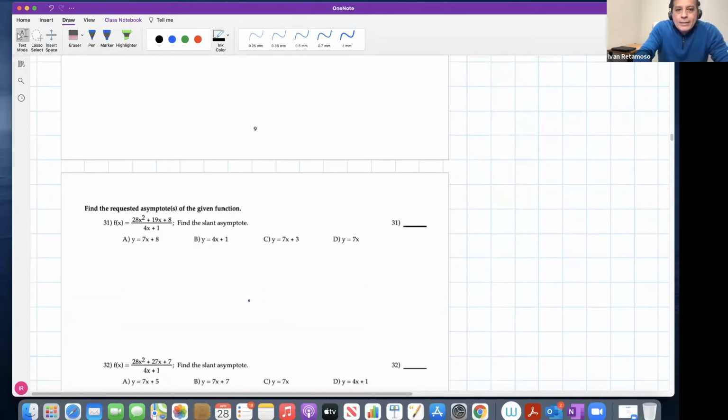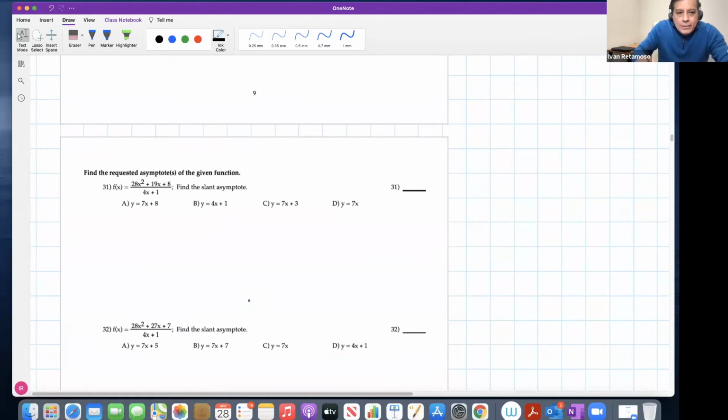And now we reach this new topic. No more horizontal asymptotes. Now they say find the requested asymptotes of the given function. They give you this function, and they say find the slant asymptote. This slant asymptote appears whenever your function is top heavy, but not only that, when the degree of this is just one more than the degree of this guy.